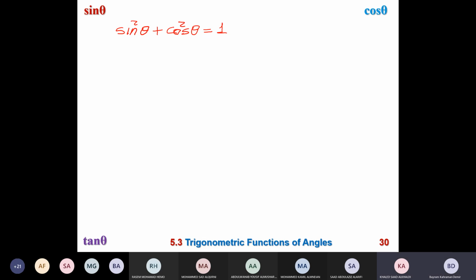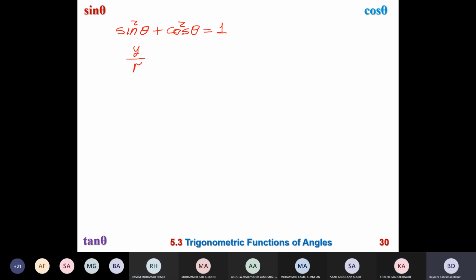Opposite over the hypotenuse. So we had a point on the terminal side, remember? So what was sine theta? y over r, remember?